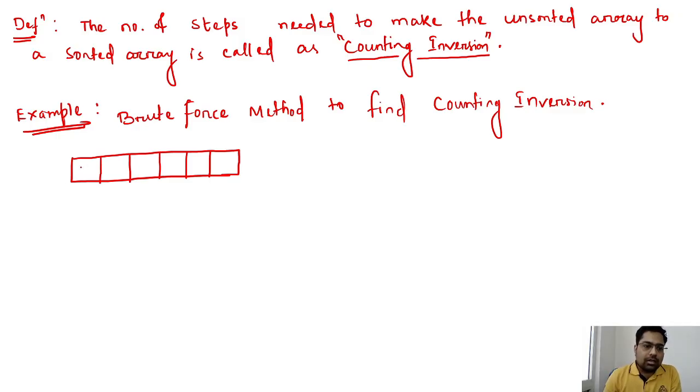Here the example is, suppose, 4, 3, 2, 1, 5, and 6. Now our target is to find the number of inversions, because this is part of our curriculum. Now we need to find a way. For the brute force, we need to check for ascending order. Basically, the counting inversions we are following is for ascending or increasing order. I am just writing it.